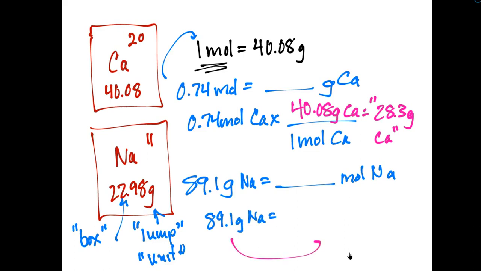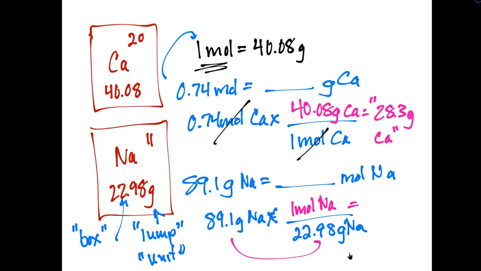These got to be the same. Okay, multiply. 22.98 grams of sodium. Then on the top is 1 unit, 1 lump, 1 box. We don't care. Actively cross out, just like here, moles canceled. Grams. Okay, so this number comes out to 2346.92, so it's just about 3.82 or close to it. I'm not using a calculator. That's how many grams of sodium you would have. That's the basic idea about how to do conversion factors.